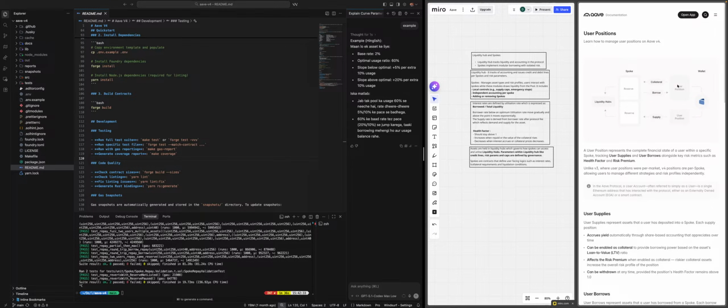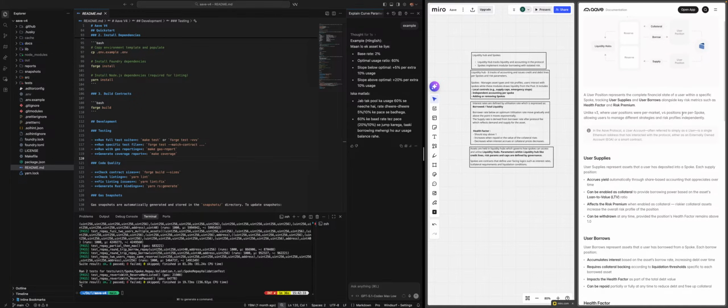So a wallet creates positions, and there are two types of position: borrowing and supplying. So we supply to a spoke, which basically supplies to the liquidity hub, and when we provide collateral to the spoke, it interacts with the liquidity hub, borrows the relevant amount and stores the user position.